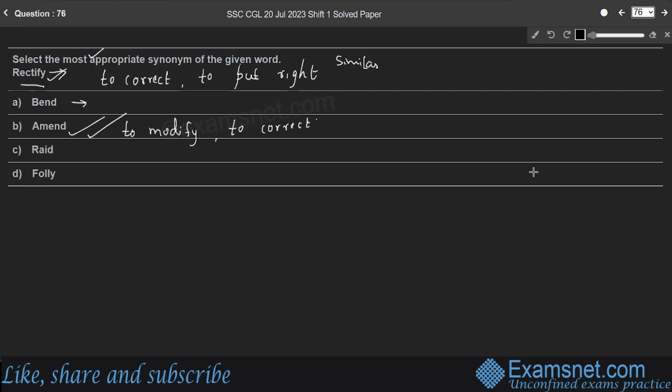Whereas the remaining words: bend means to shape or force into a curve or angle. Raid means a rapid surprise attack.